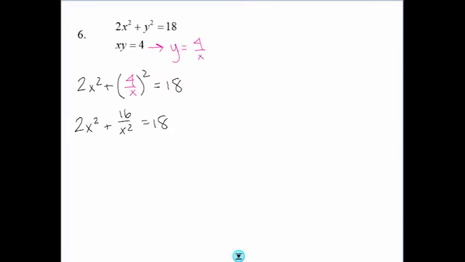Now, I need to get rid of the fraction, so I'm going to do like I did on problem number 5, where I'm going to multiply everything by x squared so that I can cancel out that denominator. So if I distribute the x squared, I end up with 2x to the 4th plus 16 equals 18x squared. I'm going to go ahead and set this equal to 0.